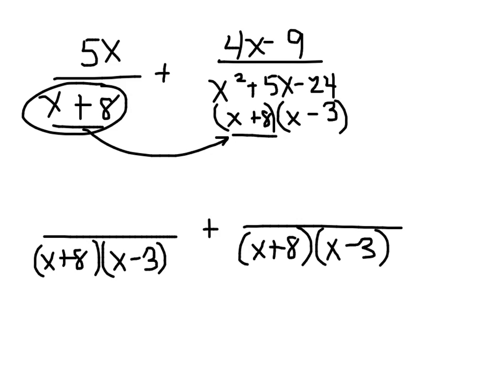So when you're going through this now, looking at the first one, it was an x plus 8. Now it's x plus 8 times x minus 3. What changed? X minus 3. Which means I distribute that into here. What's 5x times x? What's 5x times negative 3?